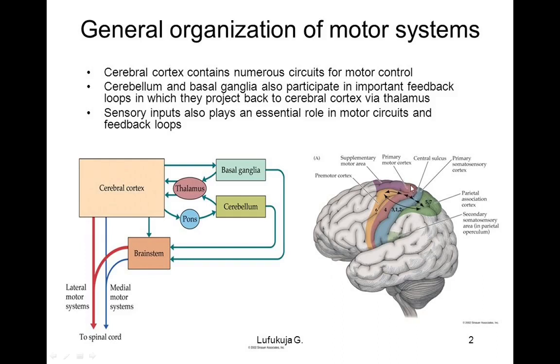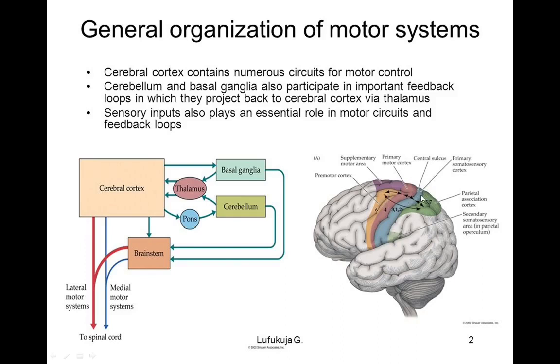Now you have the primary motor cortex, Brodmann area 4. Then you have area 6, the middle part of which is called the supplementary motor area, and the lateral part of area 6 is called the premotor cortex.